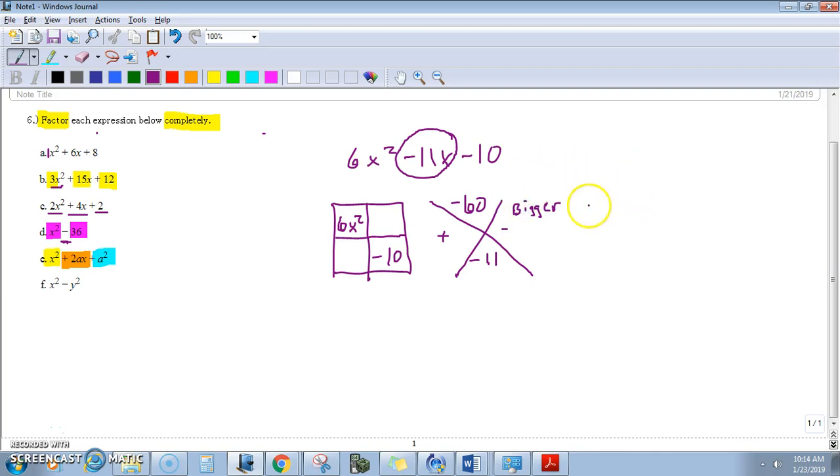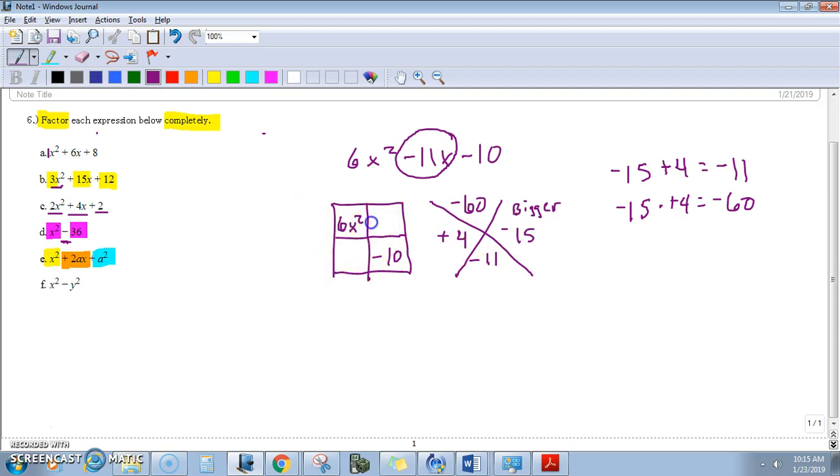My gut reaction is 4 and 15. If I have negative 15 plus 4, I think that's negative 11. And if I have negative 15 times positive 4, that's going to be negative 60. So positive 4, negative 15.